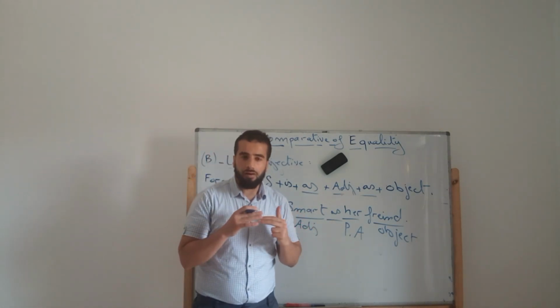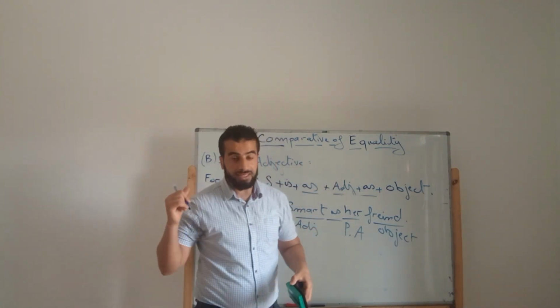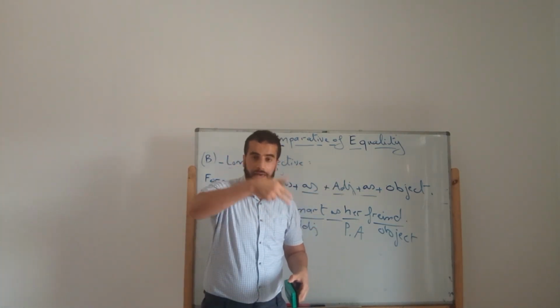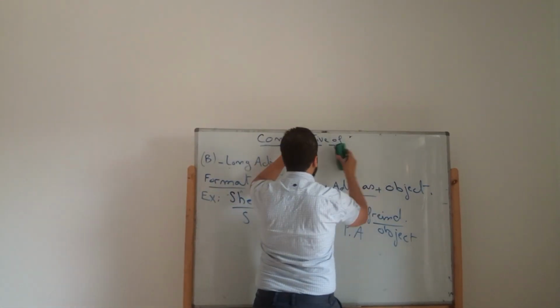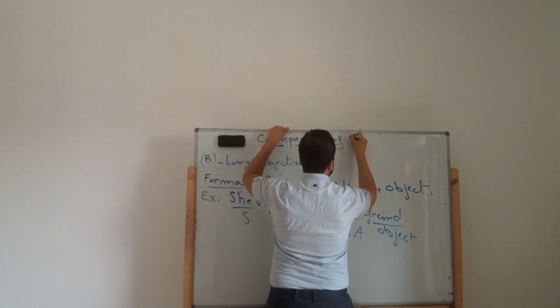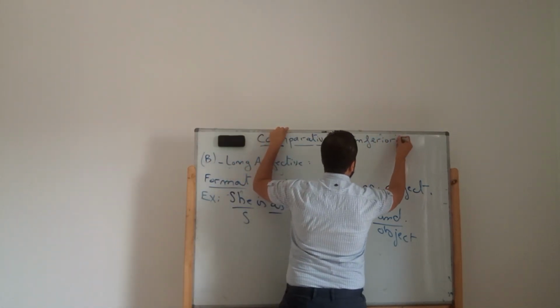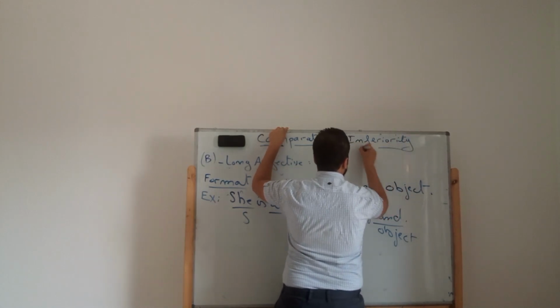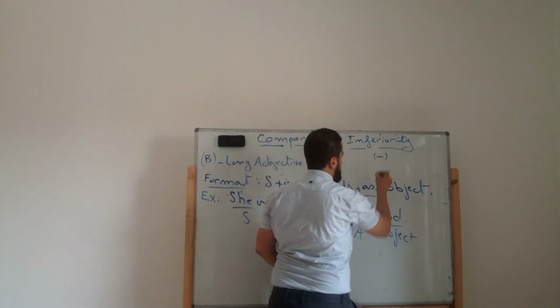Now we move to the final type, the type that has to do with inferiority. We explained superiority, equality, and now inferiority. Inferiority is a negative description, sorry.